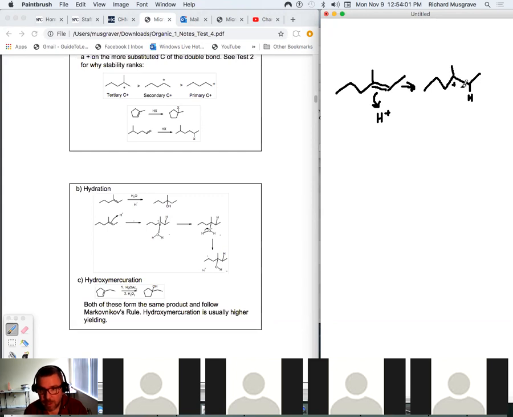Again, we arrange it so that the H goes on the less substituted carbon. The plus ends up on the greater substituted carbon, more carbons around it. The O attacks the plus. And you can see where the arrow is coming from. It's coming from the O and it's going to the C+. And that's forming a bond.